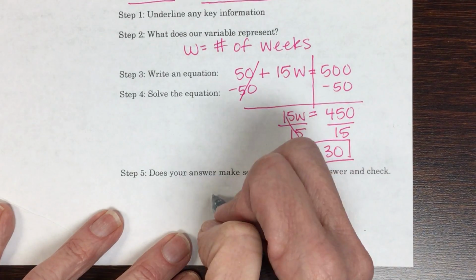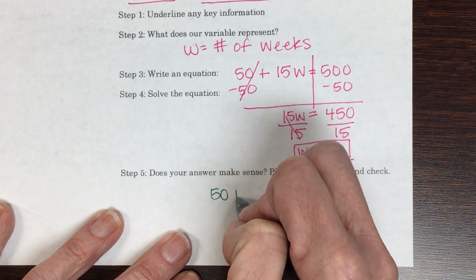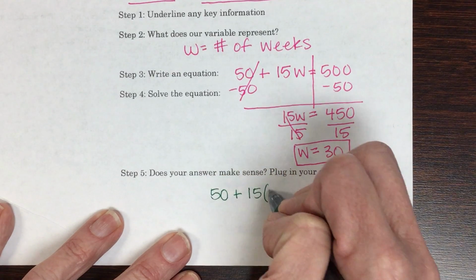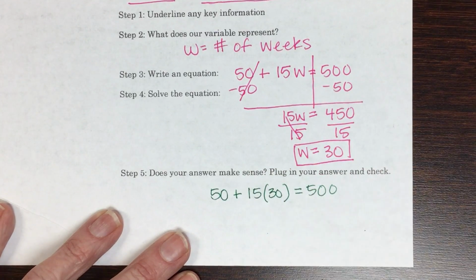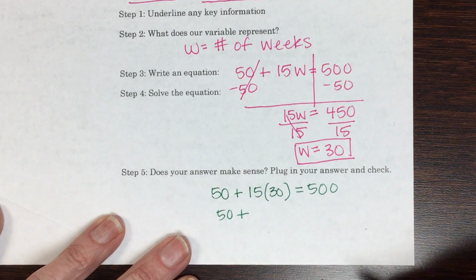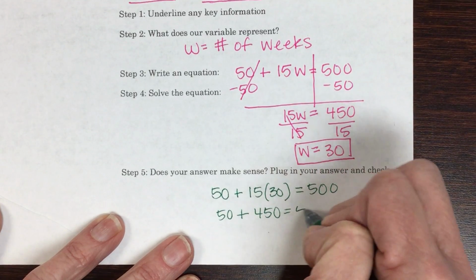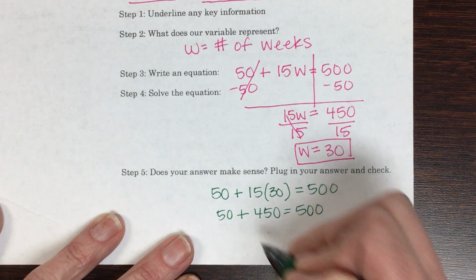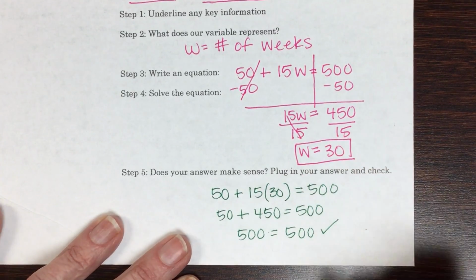So I'm going to do 50 first, plus 15 times 30 weeks equals 500. And let's see if I'm right. All right, so 15 times 30 is 450. And 50 plus 450 is 500. So 500, in fact, does equal 500.